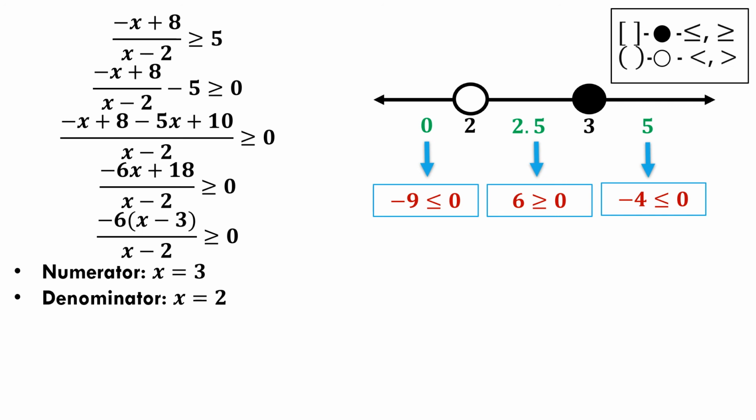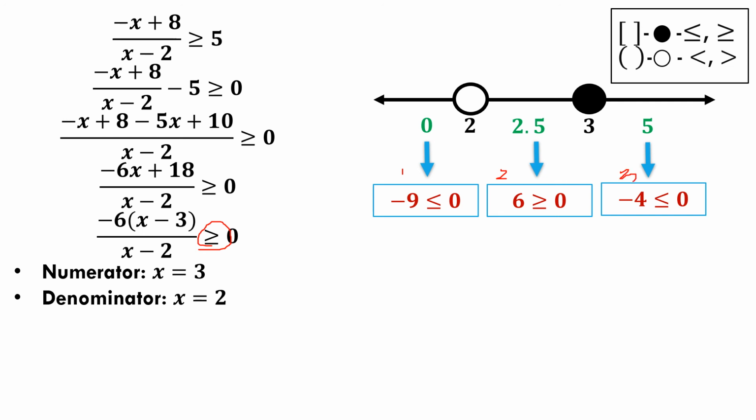Now, here's the question. Saan dito yung mga solution? So, saan dito na parts ng number line ng solution? So, ang goal natin is dapat ang sign, pag mag-test tayo ng points, is greater than or equal to 0. So, saan dyan ang may greater than or equal to 0? Ito ba? 1, 2, or 3?